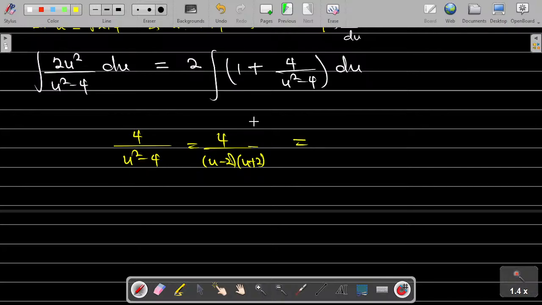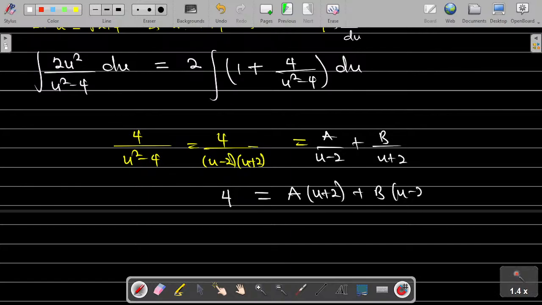Which is going to give us A all over u minus 2 plus B all over u plus 2. By the time you take LCM, you get that 4 is equal to A into u plus 2 plus B into u minus 2.